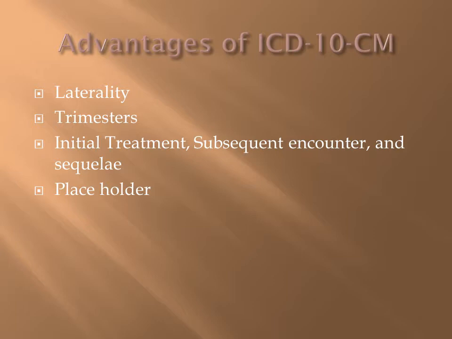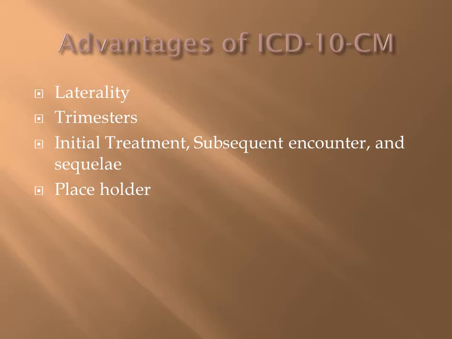Placeholder. An X is used to hold the place of an unused digit when a code of less than 6 digits requires the use of the 7th digit to convey specific information. This will be indicated by a little 7 in a circle in some of the ICD-10 manuals.